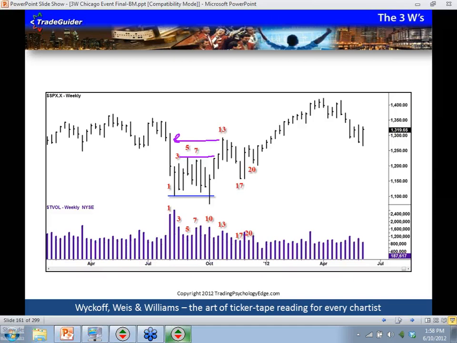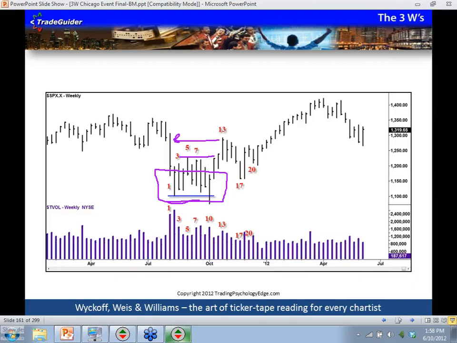So buyers are making a real statement here that there's strength in the buying. That there was some sort of accumulation that occurred in here, and now they're beginning the markup. Okay?